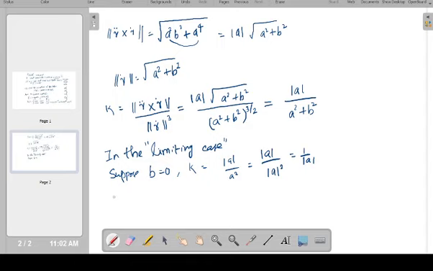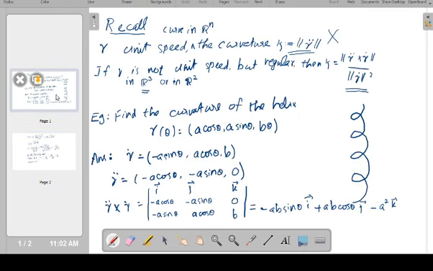Now the next case is suppose a equal to 0. Then what happens to the helix? When a equal to 0, gamma of theta equals 0, 0, b theta. So it is just the z axis, as b theta increases or decreases.